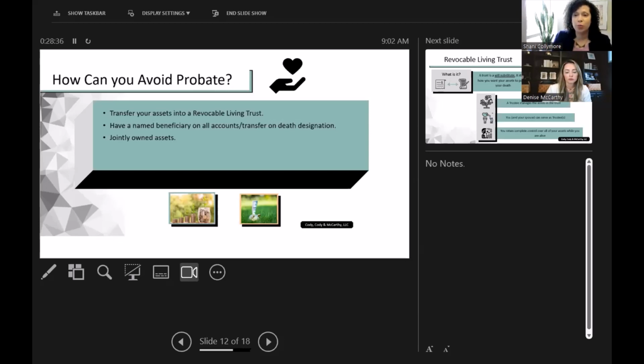So if you do update your will and you're changing who you want to inherit your property, you do need to remember to update your beneficiary designation forms, or even just check what you put, because sometimes people fill out those beneficiary forms years in advance.